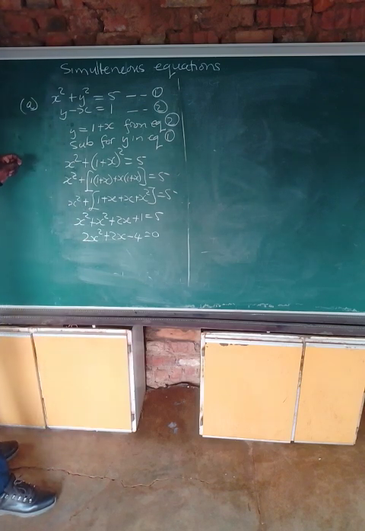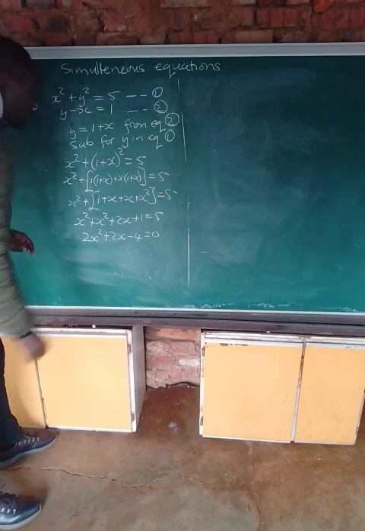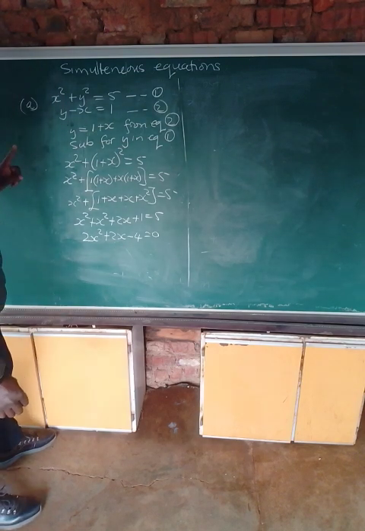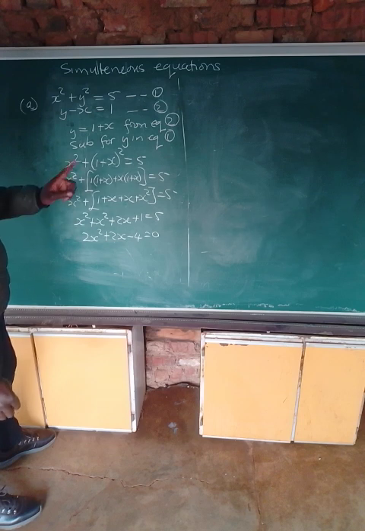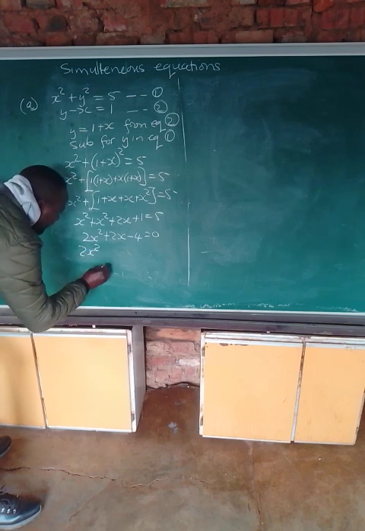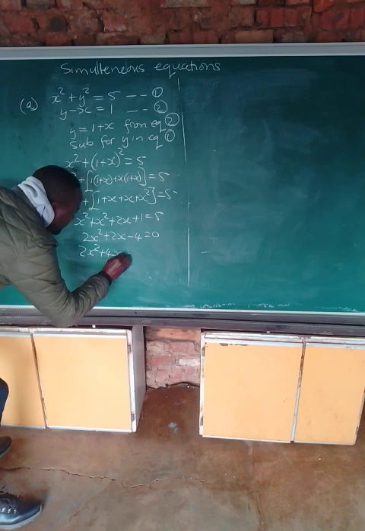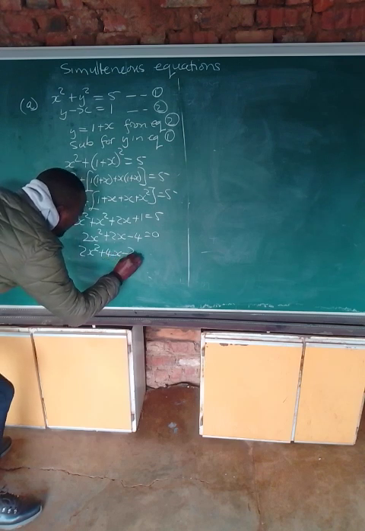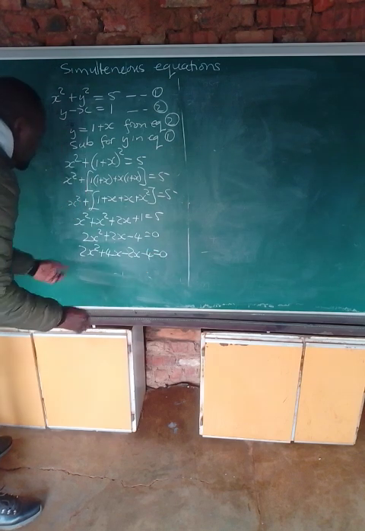The 2 factors which we can add so that they can give us 2, what do we have? We have 4 and 2. So giving signs to 4 and 2, it's 4 and minus 2. So now we have 2x squared plus 4x, then minus 2x minus 4 is equal to 0.